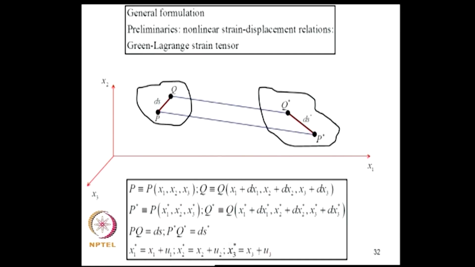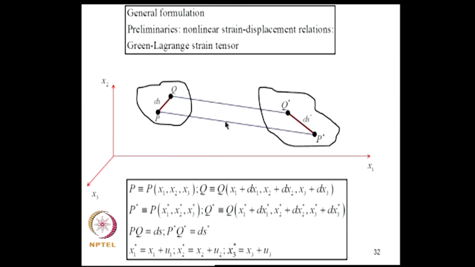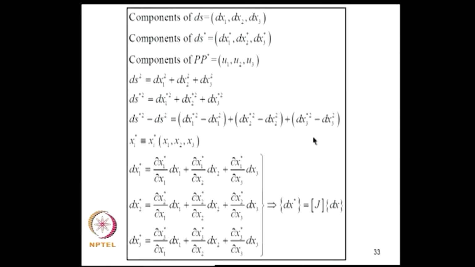So, these relations define the displacements u1, u2 and u3. This is a standard definition of displacement field. Now, components of ds are dx1, dx2, dx3, components of ds star are dx1 star, dx2 star, dx3 star. Similarly, components of PP star, this is the displacement field, P moves to P star, are u1, u2, u3.